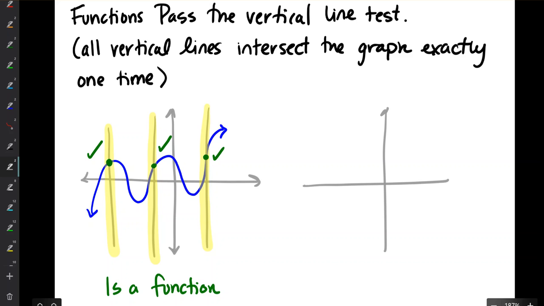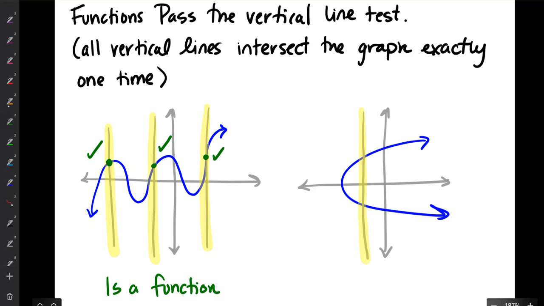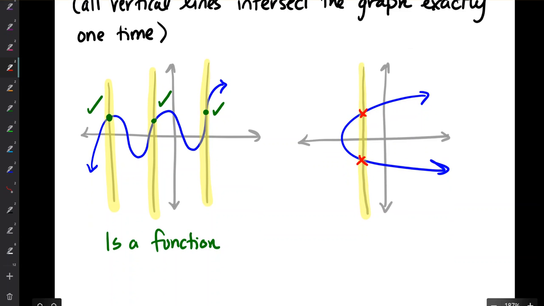Here's a fail. All you need is one fail to have a fail. There's one vertical line and it is intersecting my graph more than once. Fail. All right, now with this information, let's go ahead and do question 6.